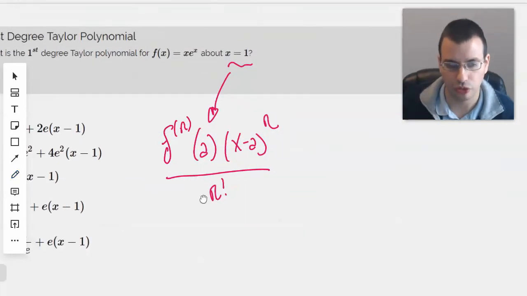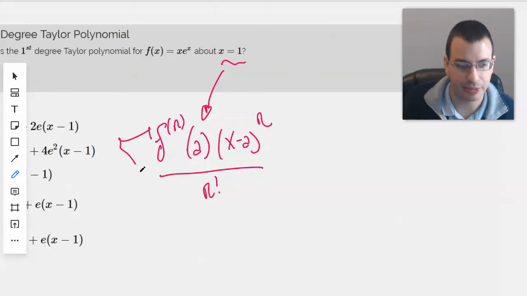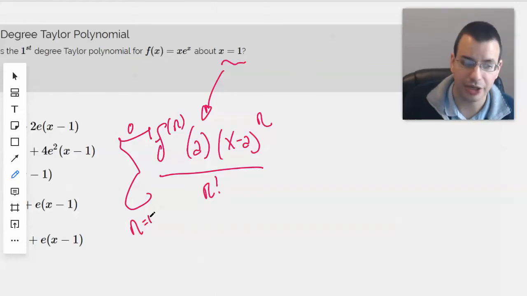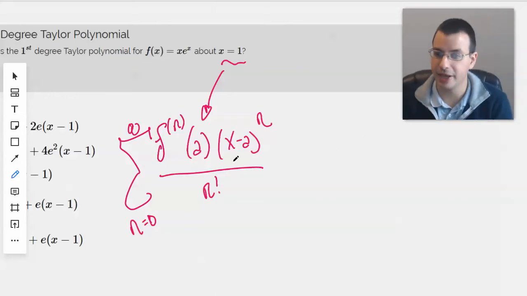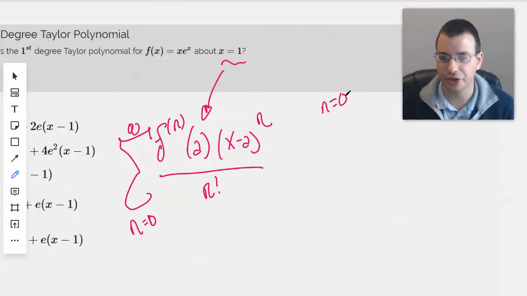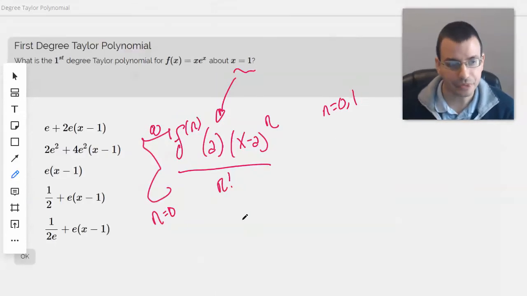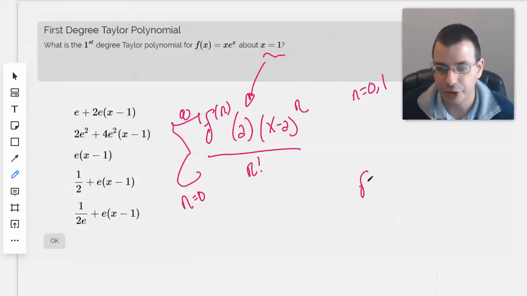From there, we add up all the n's, n equals 0 to infinity. But since we only want x to the first power, the first degree, we'll do n equals 0 and 1.